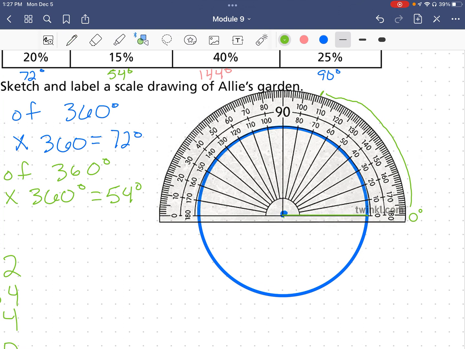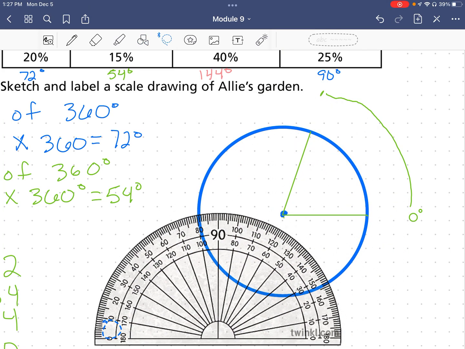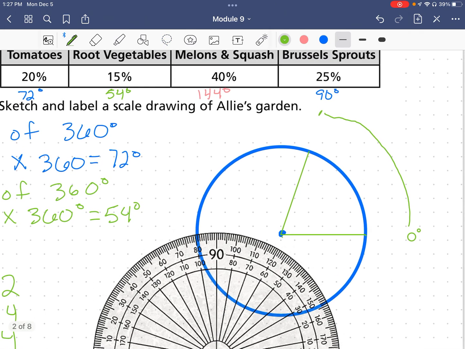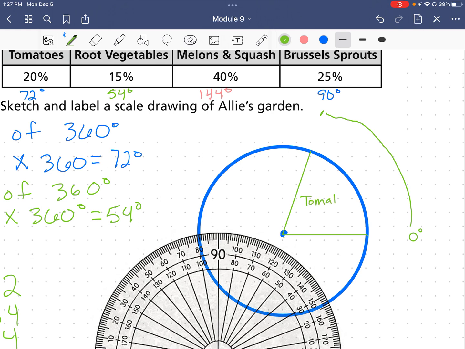So my straight line will be from here to just past 70. Okay, just past 70. So this is going to be my tomatoes. Tomato at 72 degrees or 20%.